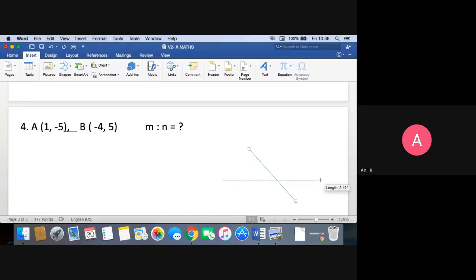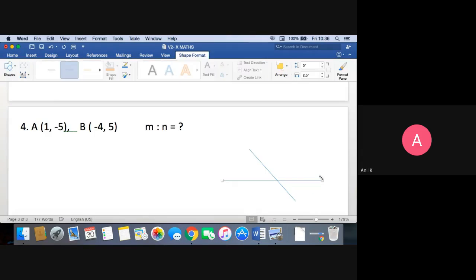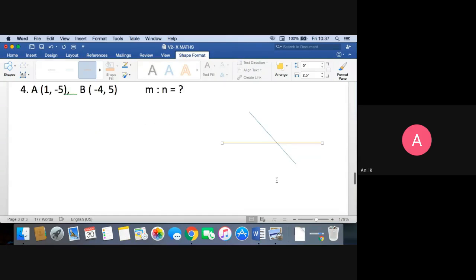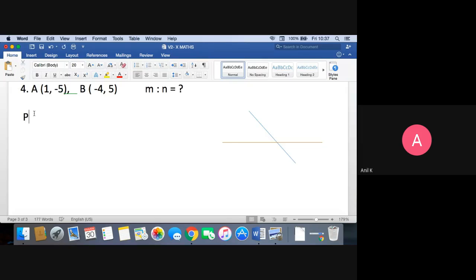So let me put this red color as the x-axis. The given line AB is divided by the x-axis. So this is the point of intersection of the given line and the x-axis. We know any point on the x-axis, what are the coordinates of any point, the general form? A point lies on the x-axis. What is the condition? Does anybody know?